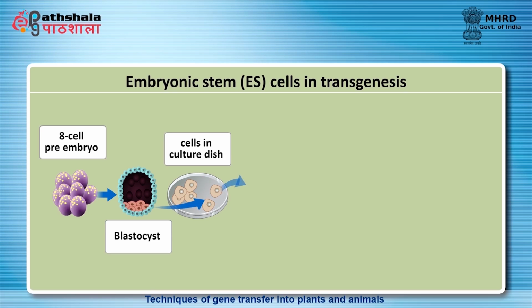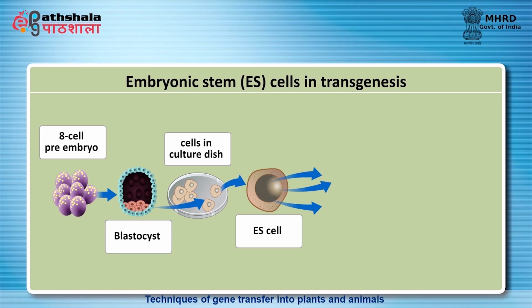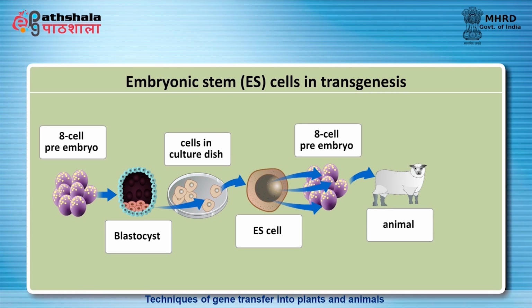For this reason, they are called pluripotent stem cells or simply embryonic stem cells or ES cells. Under cultured conditions, the embryonic stem cells are readily amenable to gene transfer. The acquired gene is expressed in these engineered cells. When these cells are reinserted into the blastocyst and introduced into the womb of a pseudo-pregnant foster mother, the embryo develops into a transgenic animal.